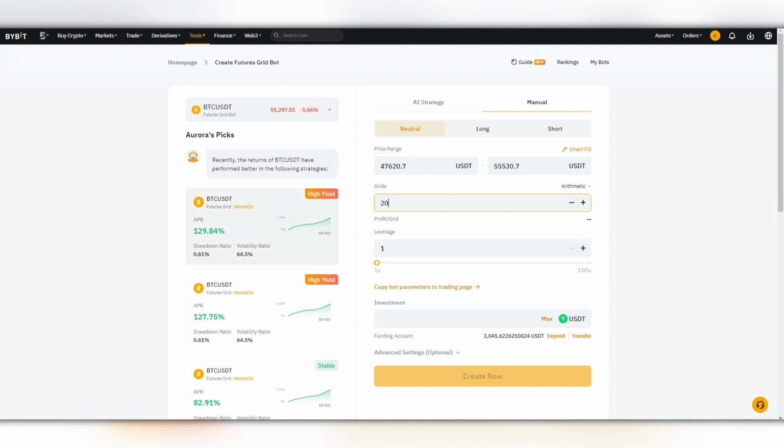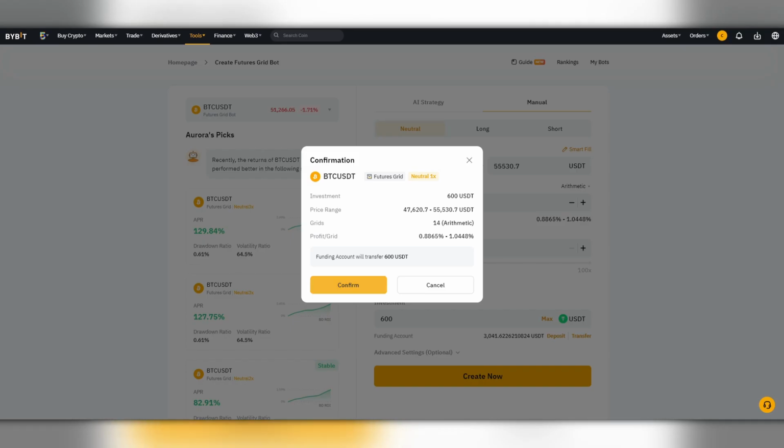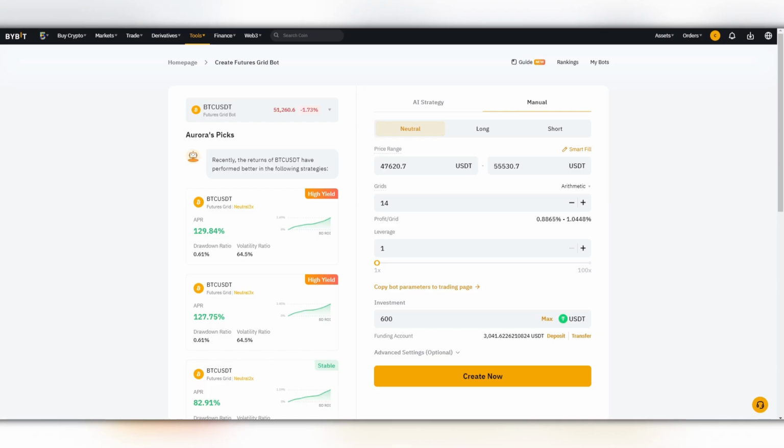So we don't take too much risk and every trade is felt. That is, we will go into the bot and see a healthy plus 1% of my investment. I always try to do that. I think this is the perfect balance, so we set the number of grids a little bit smaller to get 1%. Then enter the investment amount and click Create Now.